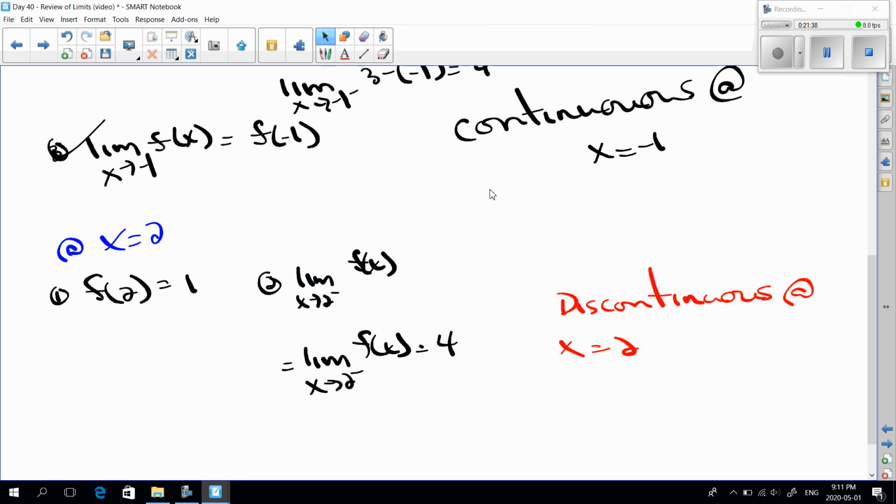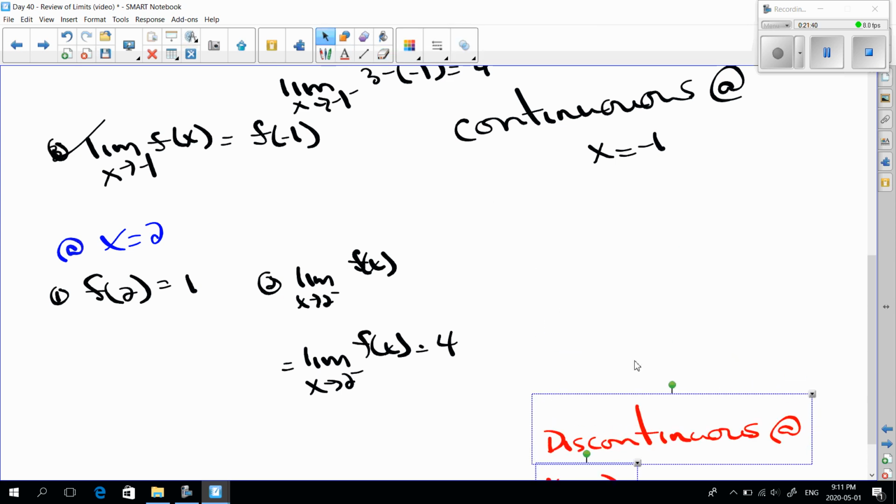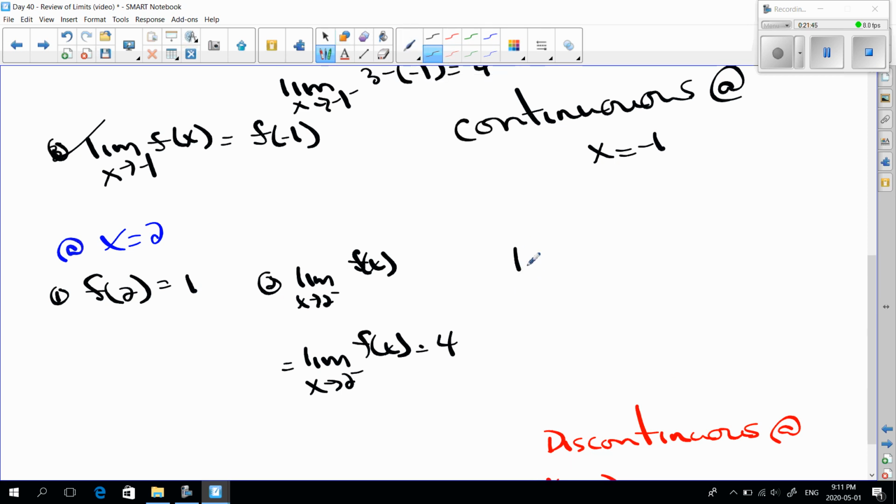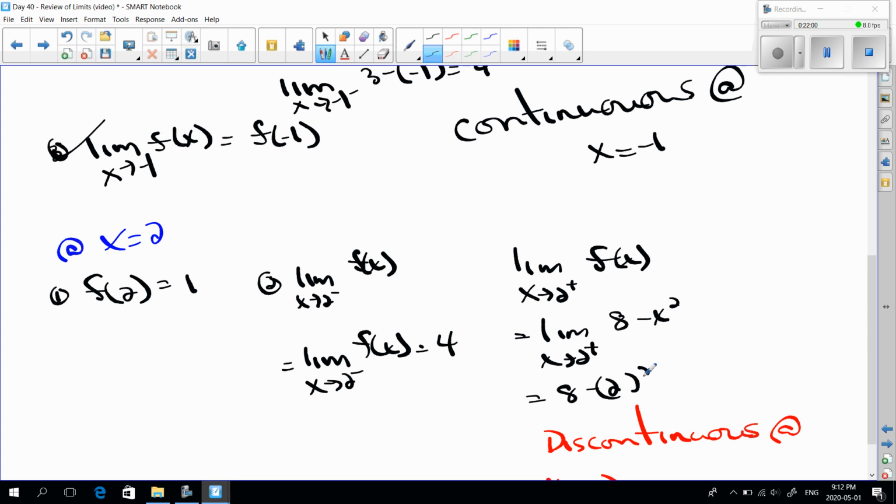So I'll move this out of the way, show you what I mean by that, but you don't even have to go any further. You can stop right here. So the limit as x approaches 2 from the right of f of x, we're on the portion of the curve 8 minus x squared. That would equal 8 minus 2 squared, which equals 4.